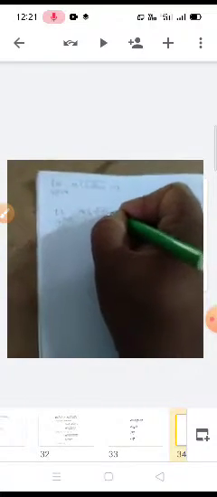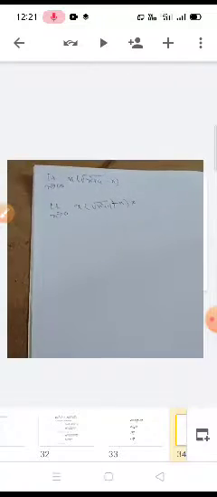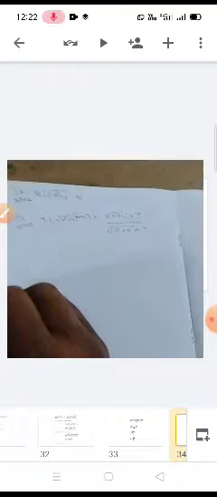So that is limit x tends to infinity, x of (under root x square plus 4 minus x) into (root x square plus 4 plus x) by (root x square plus 4 plus x).